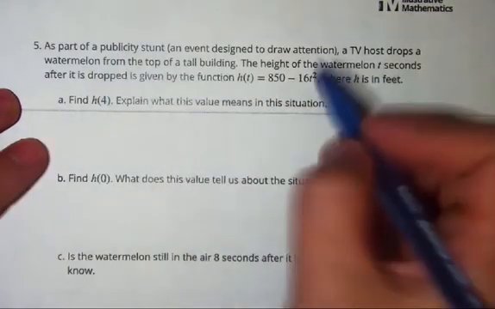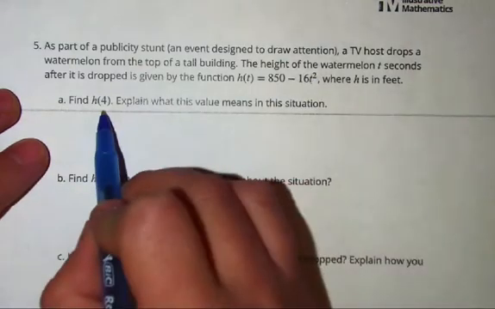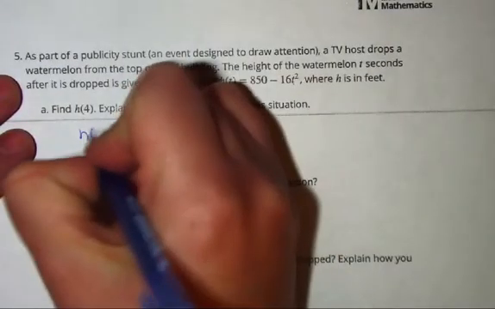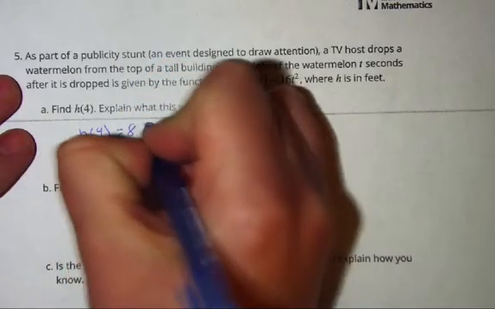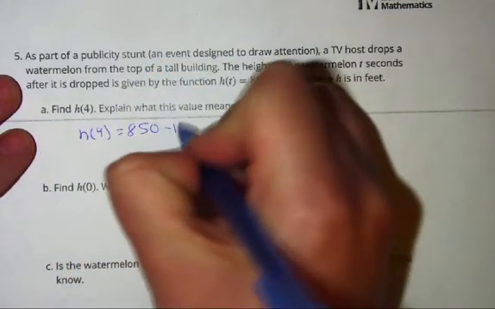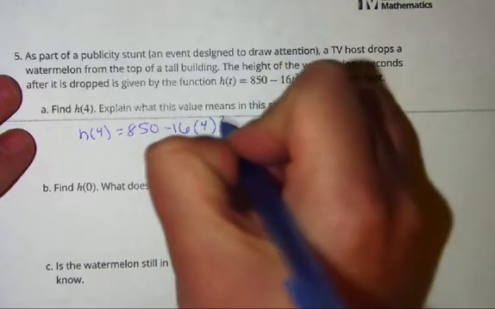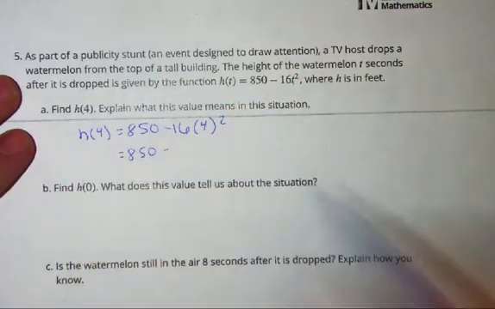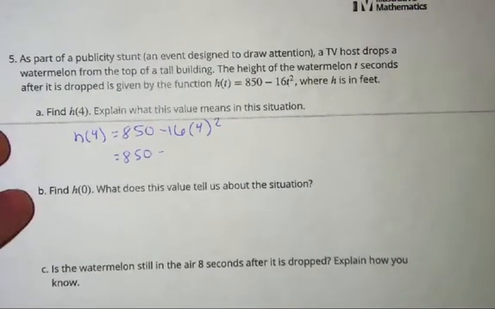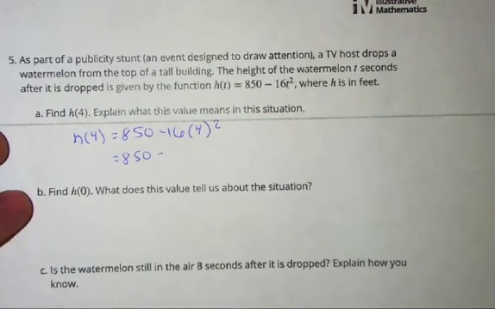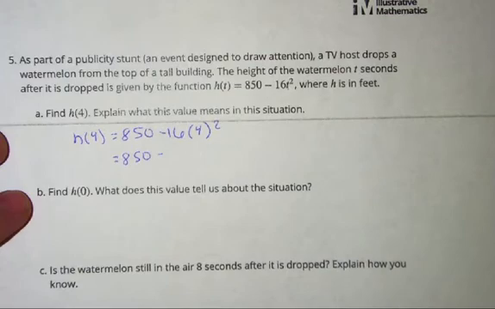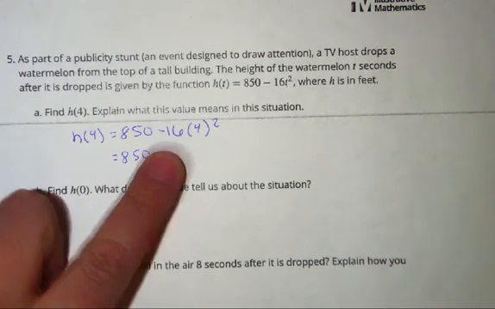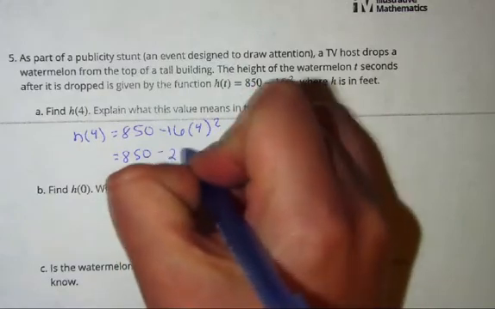So that means we're going to plug 4 in, because anything in parentheses, remember, using function notation is an input. So h of 4 equals 850 minus 16 times 4 squared. So that would be 850 minus, now 4 squared is 16. And then 16 times this 16 is 256.